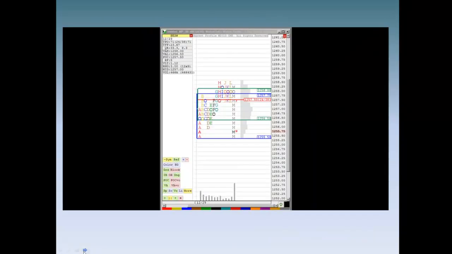All right, now let's take another look at it now at the video, given the new things that we have learned, and watch the profile develop. Okay, see now when it dropped down here, this is the point that I was telling you a lot of amateurs would come in and say, oh, well, the market is dropping, let me take a short here.